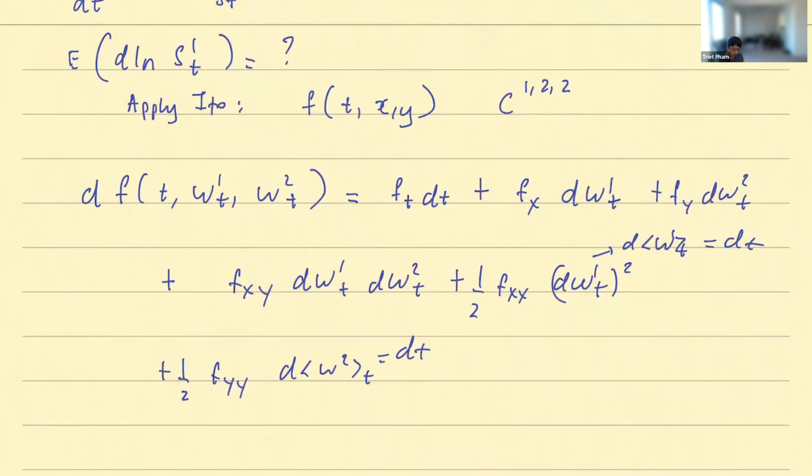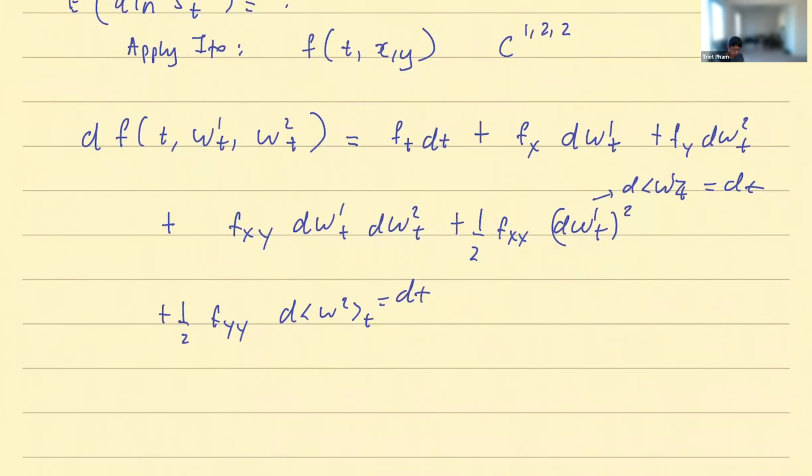Okay, so here, if you look at this, what is it? It will be 1 over S_1t dS_1t minus 1 over S_1t squared dS_1t squared.